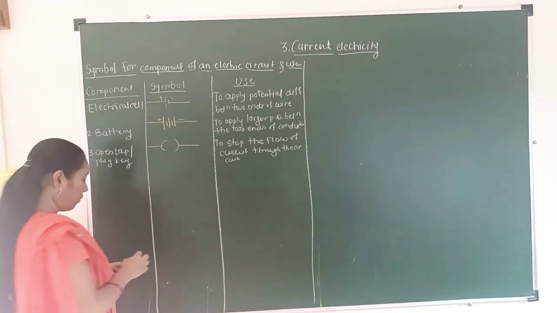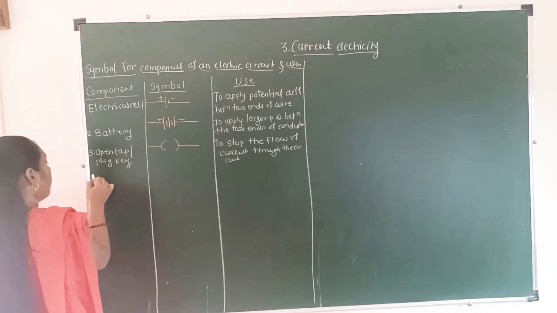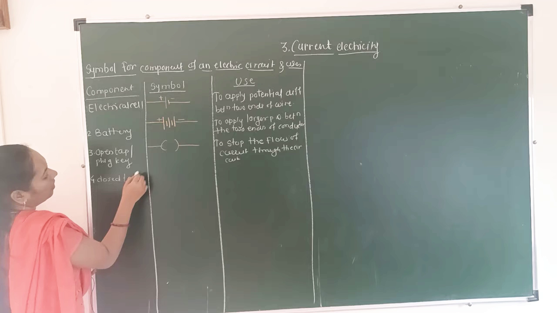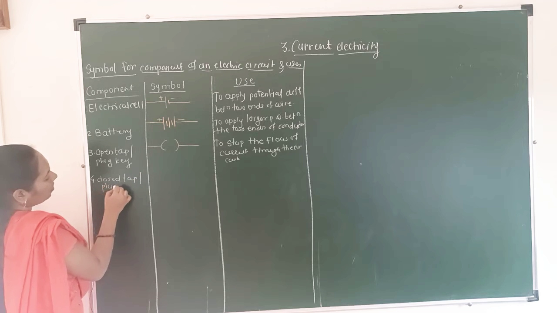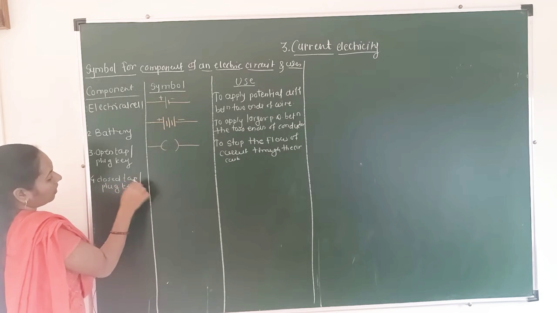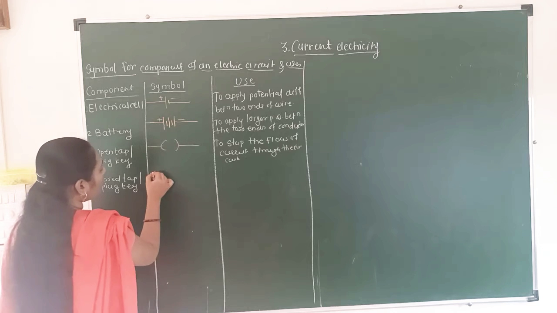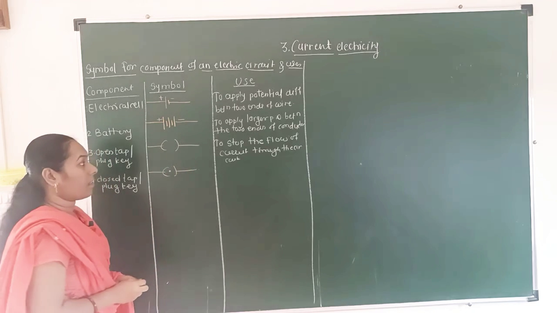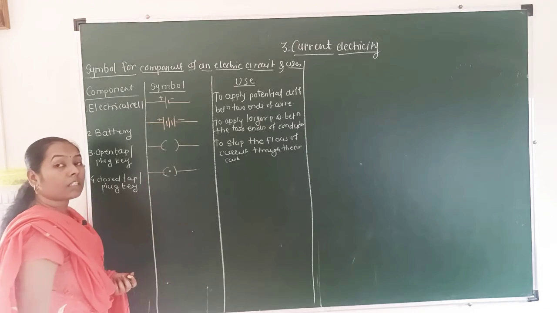The fourth one is the closed tap, also known as the closed plug key, and the symbol for the closed plug key is like this. What is the use of the open key?